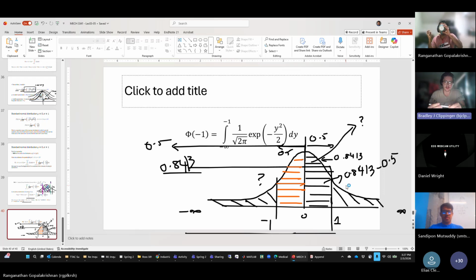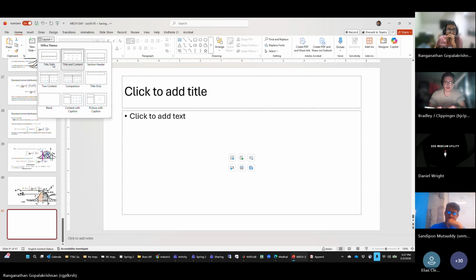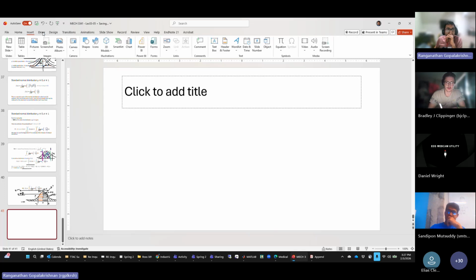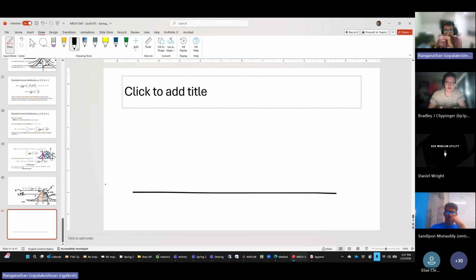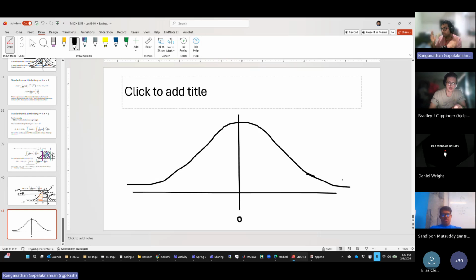Can you re-explain how we know to subtract 0.5 from the 0.8413? Okay. All right. Step one, you know that the bell curve is centered at 0. And you know that this curve is adding up to 1, and it's also symmetric, meaning 50% is contained to the left of 0 and 50% to the right of 0.